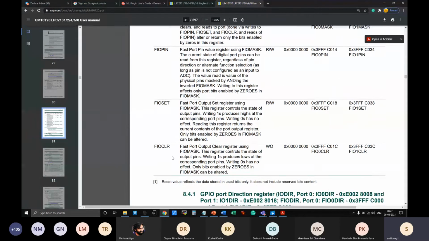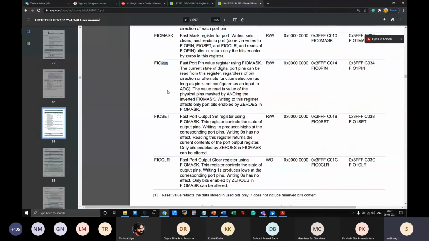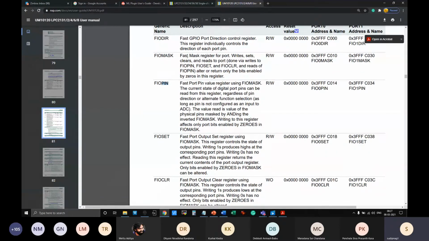This set of registers is used if you use the ARM7 local bus for low latency: fast input output direction and fast input output mask, then IO pin, IO set, IO clear. Except this mask is the new one. This is the fast mask register for the port, which controls writes, sets or clears, and reads to the port. That means it is done via writes to FIO pin, IO set and clear.